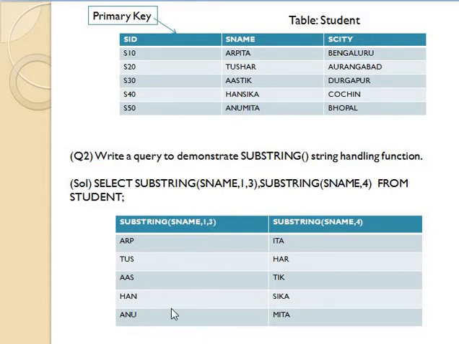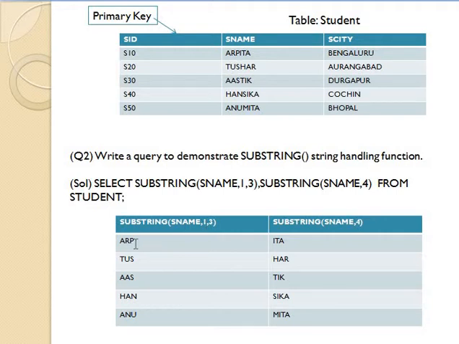Sorry, I have misspelled it just now. So with the help of this function substring sname, 1, 3, I shall retrieve 3 letters for each of the entries of the sname column starting from the first letter.